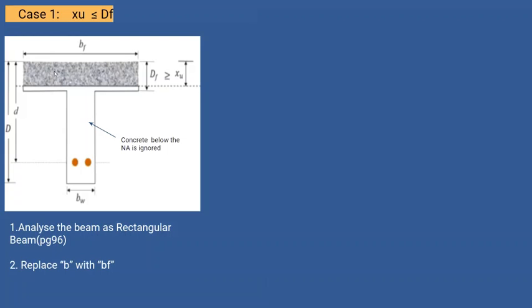So the first thing you have to find out is the value of Xu and the value of Df to find out the location of the neutral axis. If it is within the flange, you analyze as a rectangular beam as per the code. Only difference is क्या होगा? b will be replaced by BF.